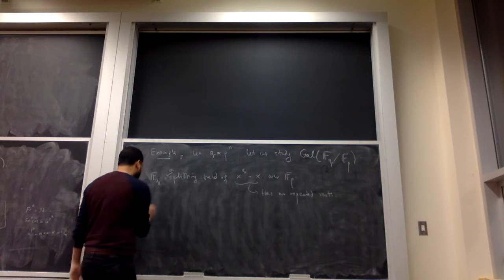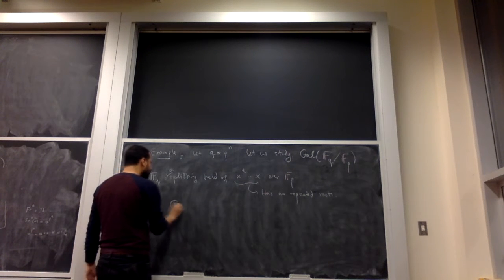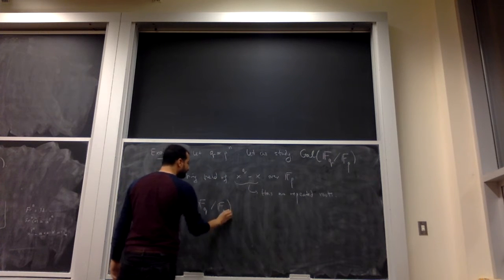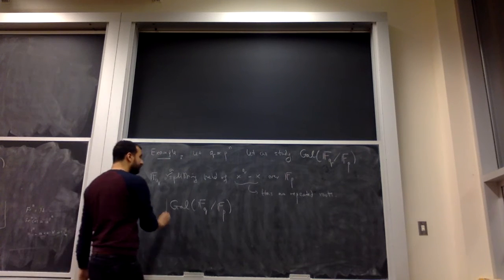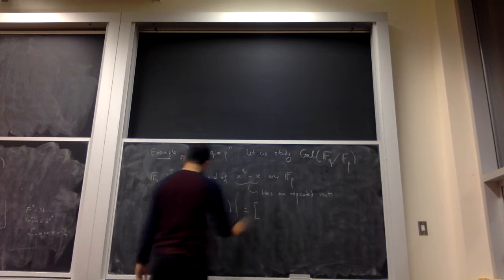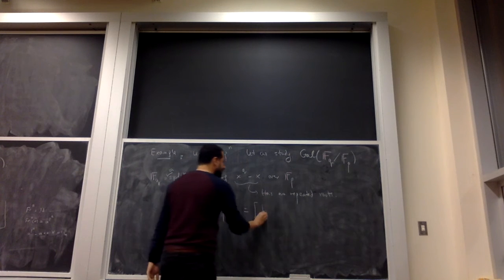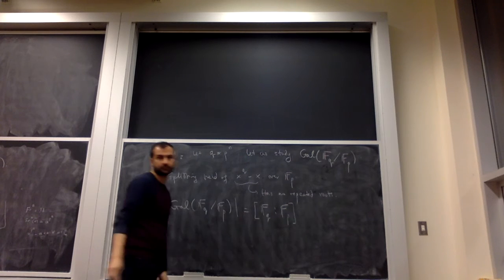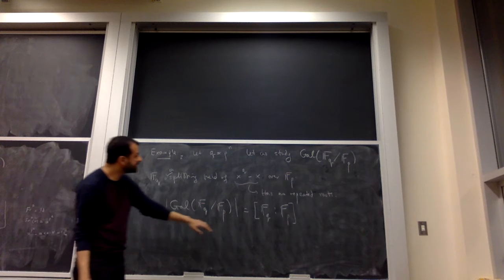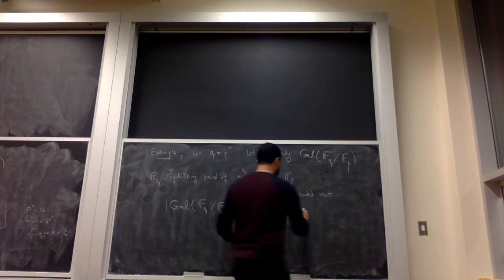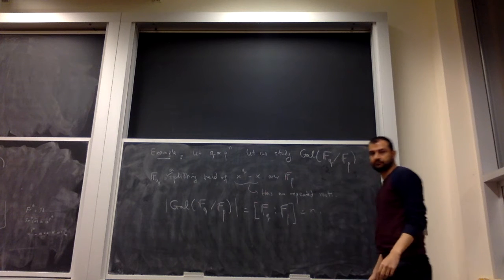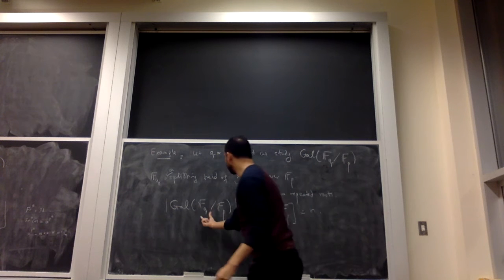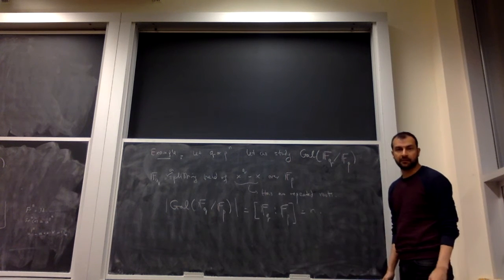So by the result that we saw earlier, the number of elements of the Galois group of F_Q over F_p will be equal to the degree of the extension F_Q over F_p. Q being p to the power of n, this degree is equal to n. So the Galois group of F_Q over F_p has n elements.